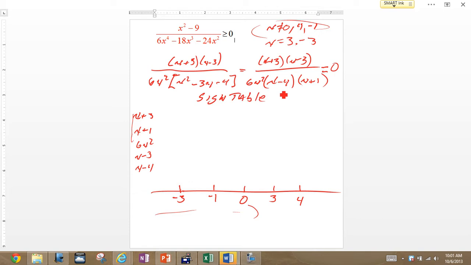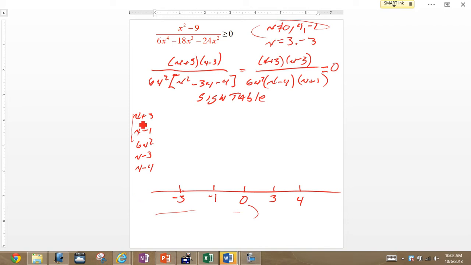Previously, a representative number was chosen in each of these intervals, plugged into each of these factors, and we determined whether that factor yielded a positive or negative. We can streamline that somewhat.